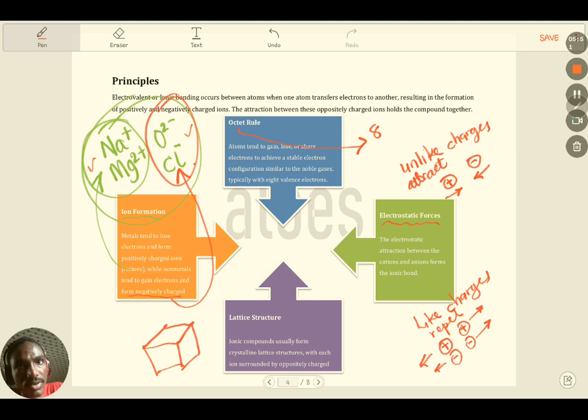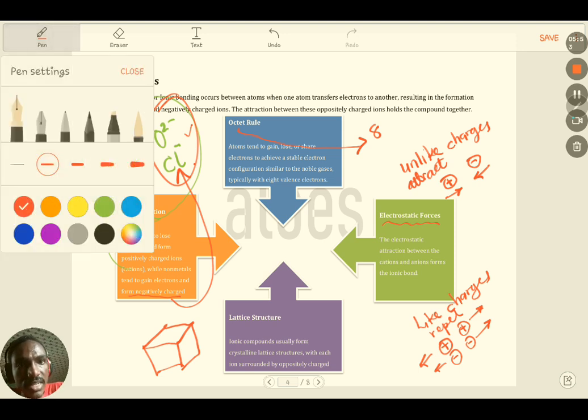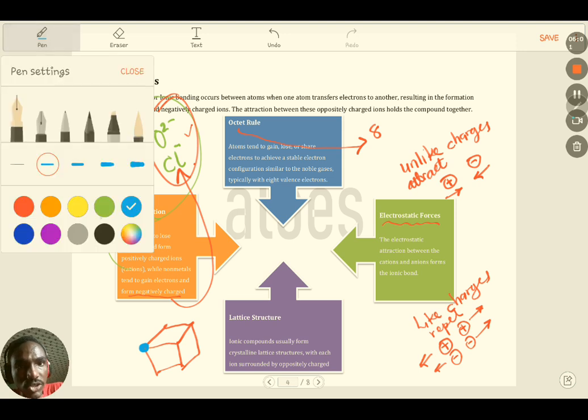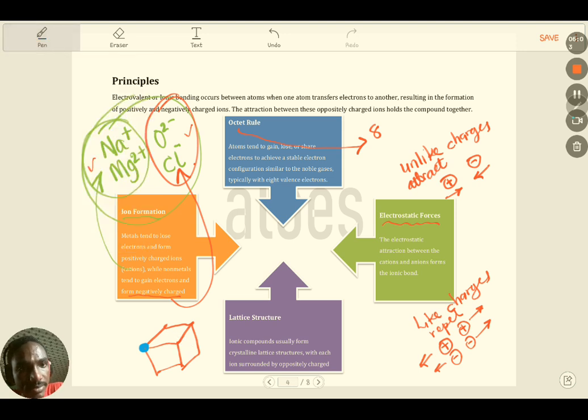let's say sodium chloride. So let me use the blue to represent one, and then I represent another one by just, let me say, black. Okay, so we can have this, we can have this, and then we can have also, so we can see that this crystal lattice structure is formed as a result of what?